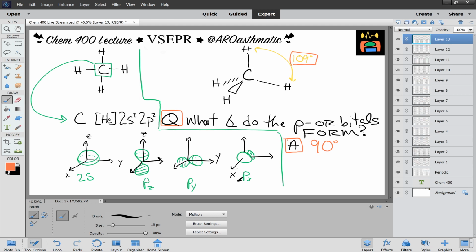So how is it? It's actually going to be 90. It's actually 90 degrees, because each p orbital is aligned with an axis.